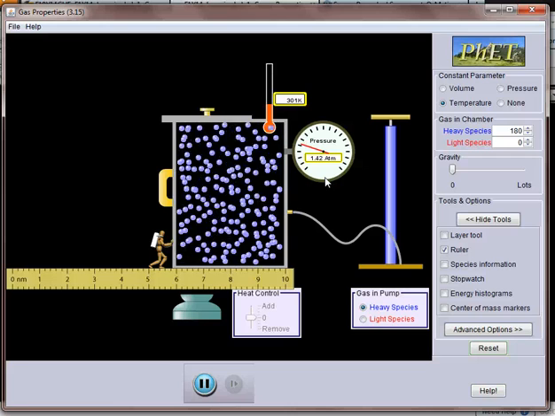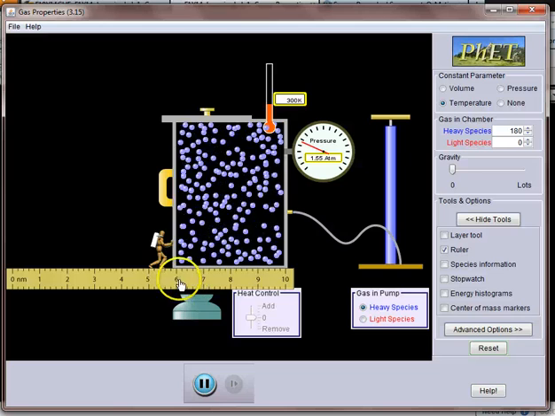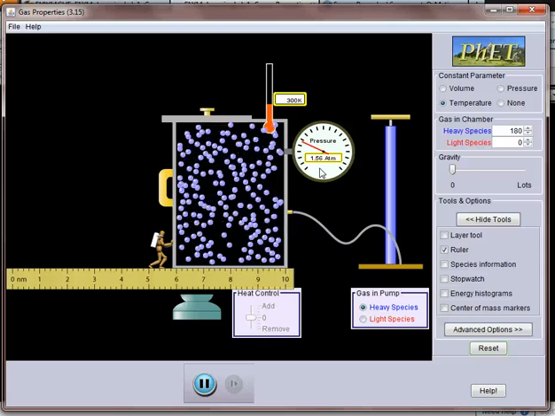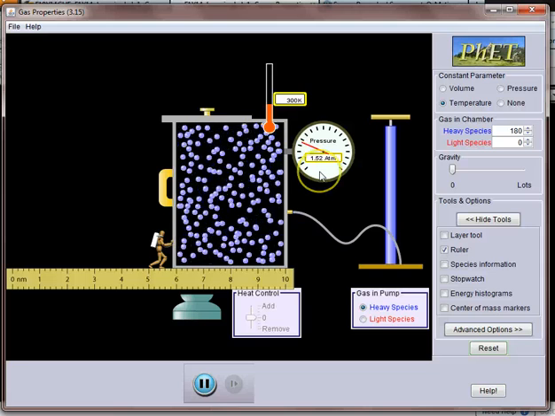Here we have, let's say, volume is 4 and pressure is 1.5. 4 times 1.5 is how much?